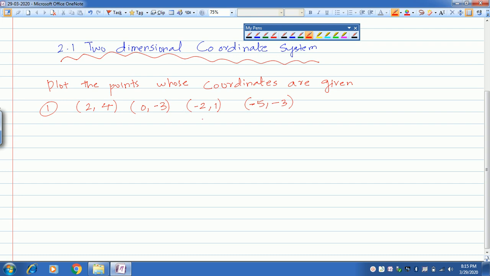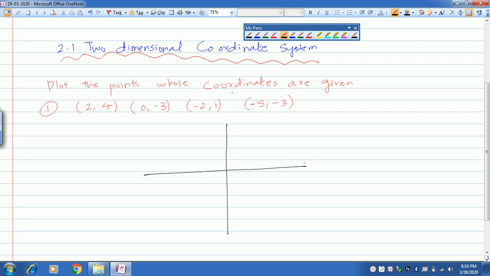Now how will you draw the graph of the Cartesian coordinates? So here we have to draw the line. Okay.